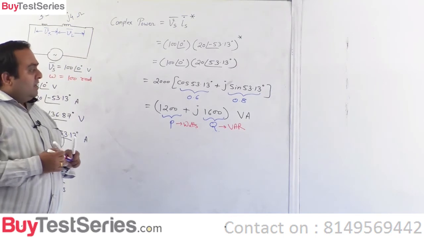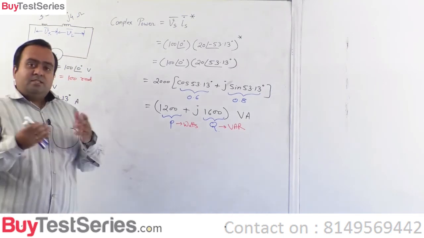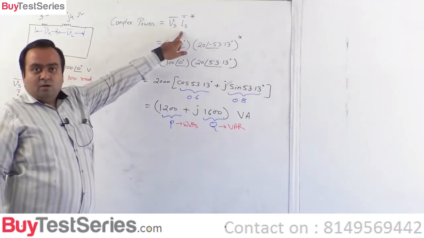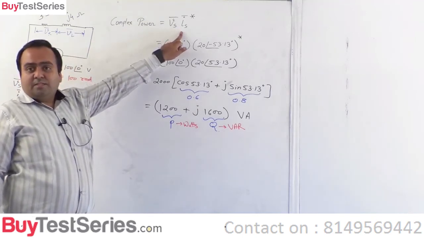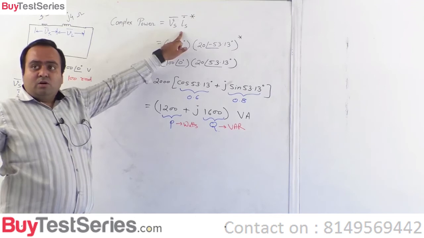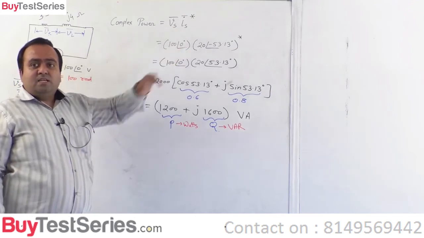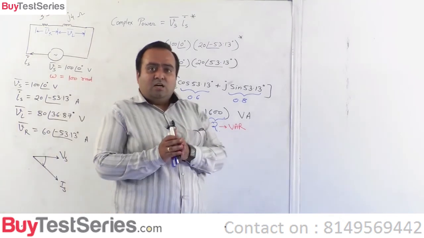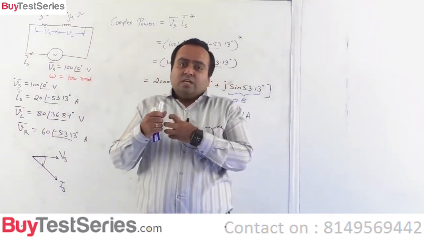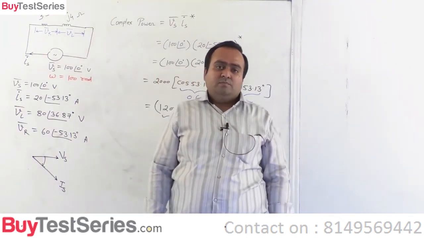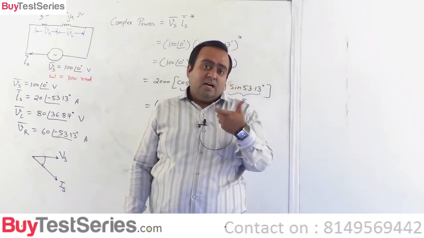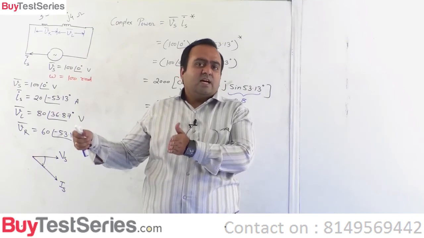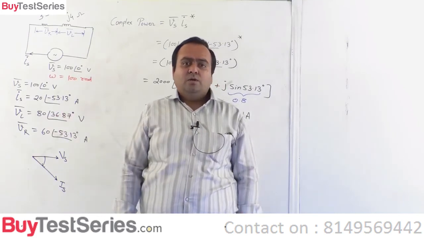Is this okay? Now please understand, a question may come to your mind: why did we take this conjugate? It is the definition of complex power, V into I conjugate. Please understand, as I told you, an inductor is a sink of reactive power. If an inductor, which is part of the load, even the inductance or the capacitance, we are taking it as a part of the load.